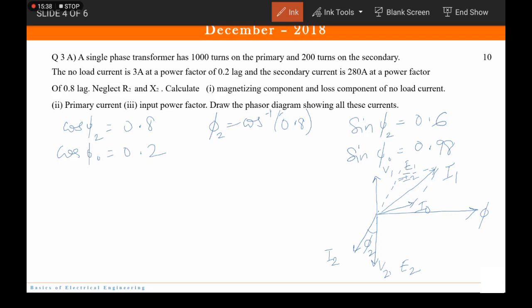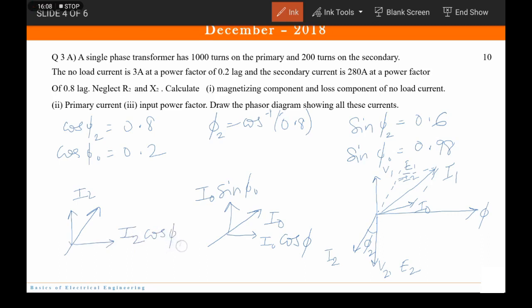Now how will I find this resultant current? For this we have to resolve I naught. I will resolve it to be I naught sin phi naught and I naught cos phi naught. Similarly, here I have I2, so I will resolve it to be I2 cos phi 2 and I2 sin phi 2.